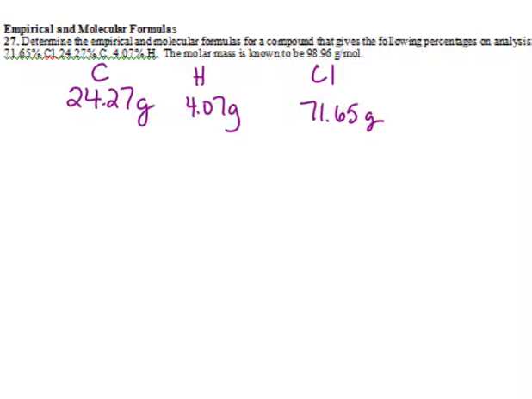All right. The first part of this is always to convert grams to moles because we need the whole number mole ratio. So if you're having issues converting to moles, remember, it's always grams divided by the molar mass, 35.45. You don't have to set this up every time.